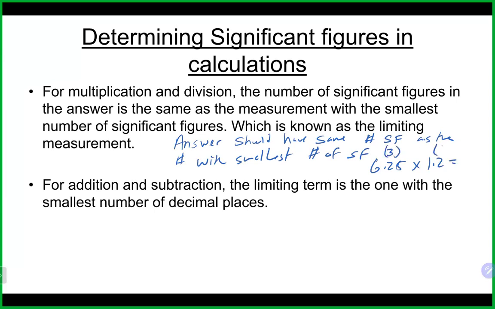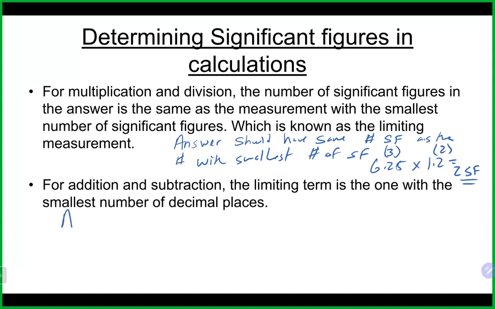This has 2 significant figures. Your answer should end up with 2 significant figures in this case. So if you multiply or divide, it is always the least number of significant figures, and that is how many your answer should have. Now, if you add or subtract, we're actually looking at decimal places and not significant figures.